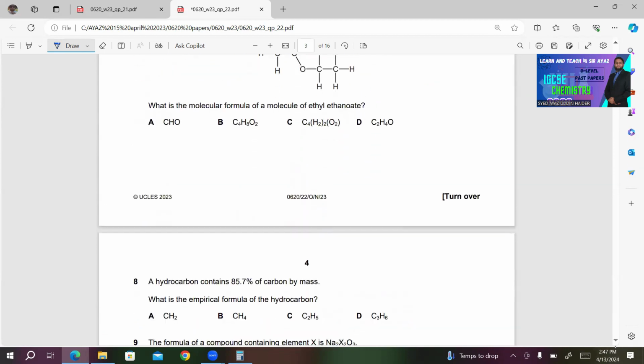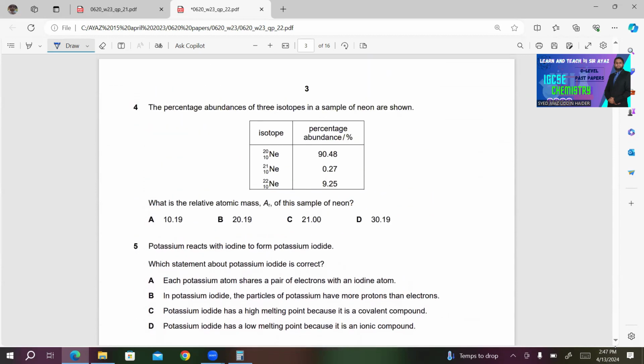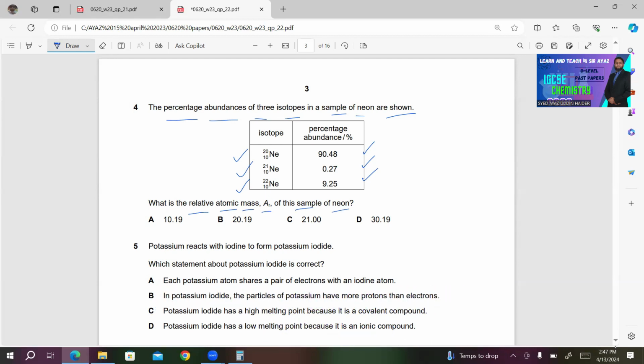Number 4. The percentage abundances of 3 isotopes in a sample of neon are shown. So isotopes Ne20, Ne21, Ne22. It's a percentage abundance. We have 90.48, 0.27, 9.25. What is the relative atomic mass Ar of this sample of neon? What you'll do, you simply multiply the mass number by the percentage abundance. So we have Ne20.